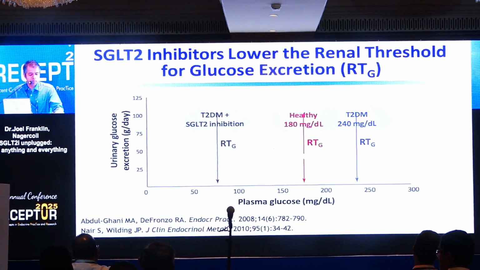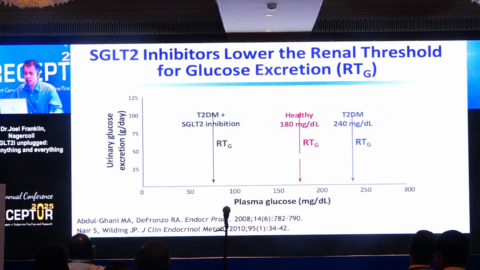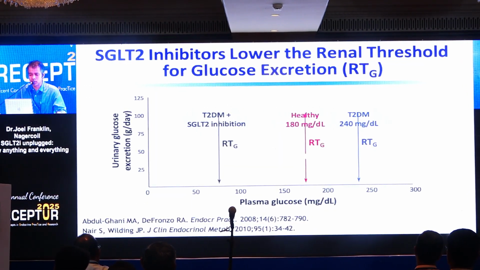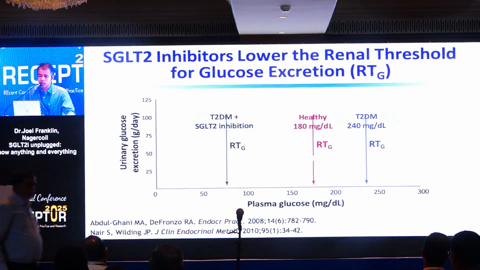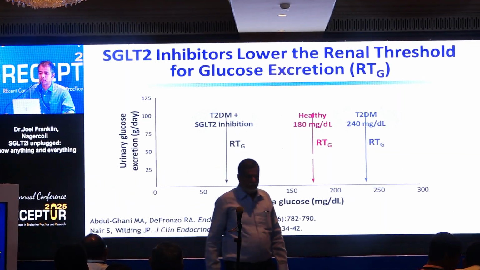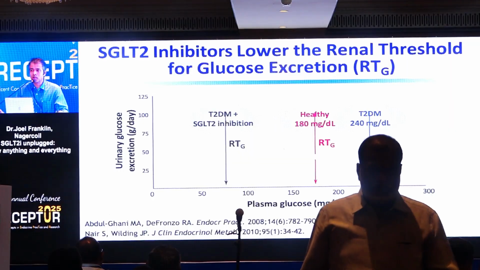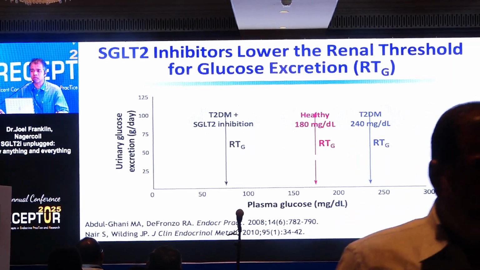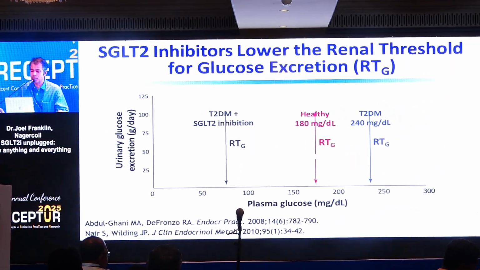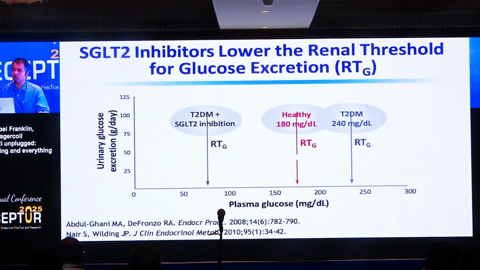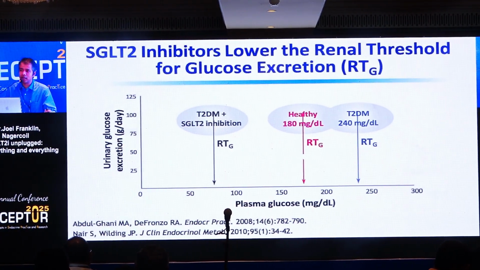In normal individuals, the renal threshold for glucose excretion is around 180 mg per deciliter. In type 2 diabetes, as the plasma glucose level increases, normally the kidney should be excreting more glucose in the urine, but that doesn't happen.